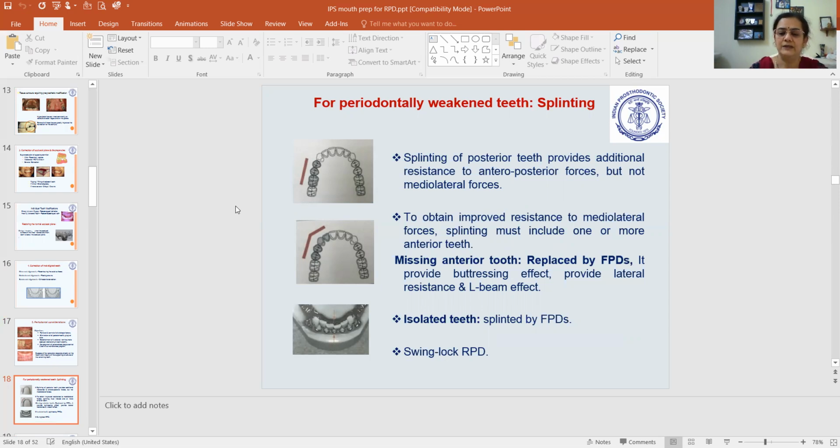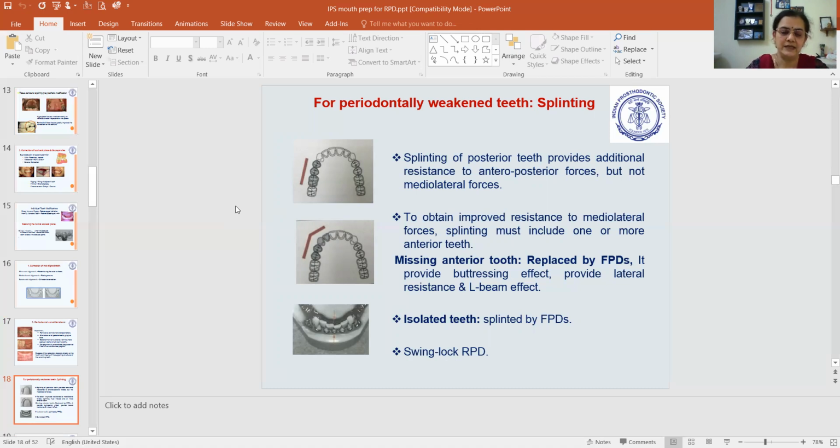Missing anterior teeth are another option. We may come across a missing anterior tooth, like in Class 3 modification 1 situations. In such cases, it can be replaced by fixed partial dentures. It provides a buttressing effect, lateral resistance and an L-beam effect.